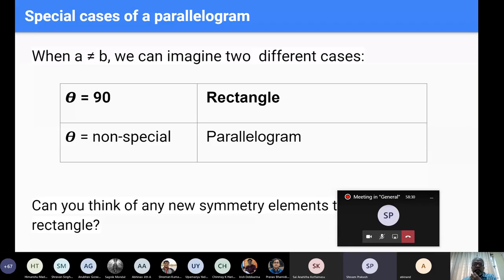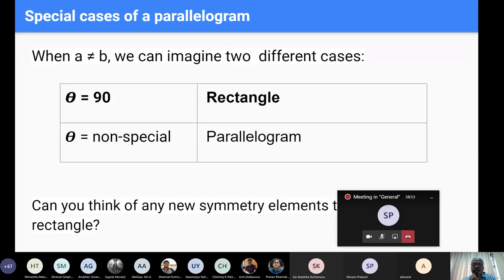I mean, when theta becomes 90, you get additional symmetry elements. And we just discovered that those symmetry elements are in the form of mirror planes, reflection about a certain line in 2 dimensions. And we were just looking at what those lines would be.